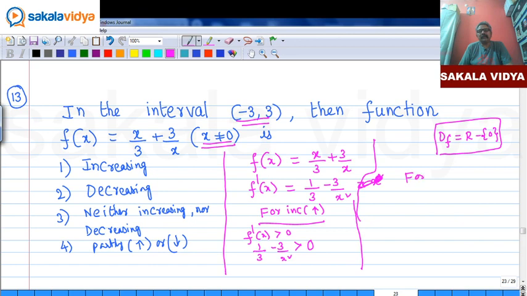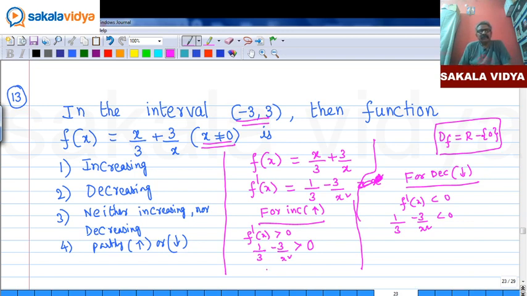For decreasing, f dash x is less than 0. So, 1 by 3 minus 3 by x square is less than 0. Let us solve these two inequalities now.